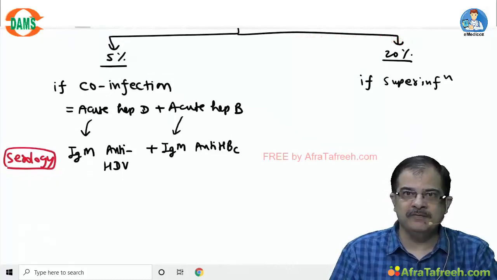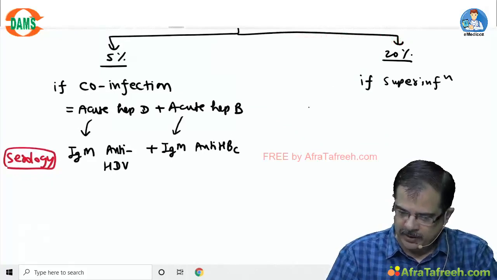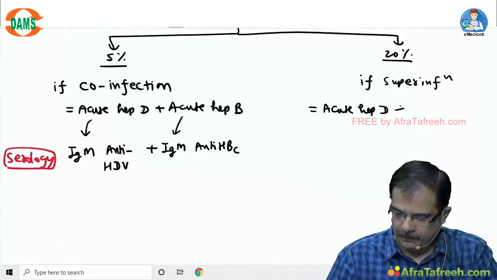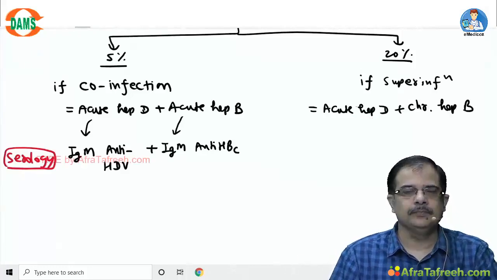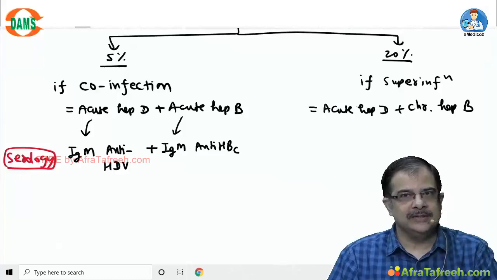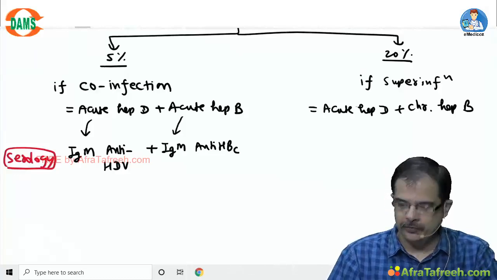Super infection will be acute hepatitis D plus chronic hepatitis B. Same fundamental we will use.